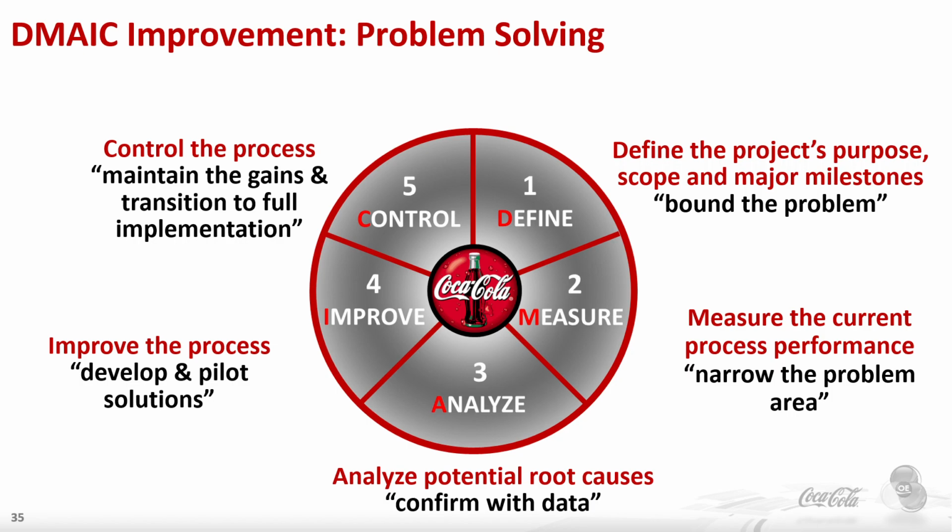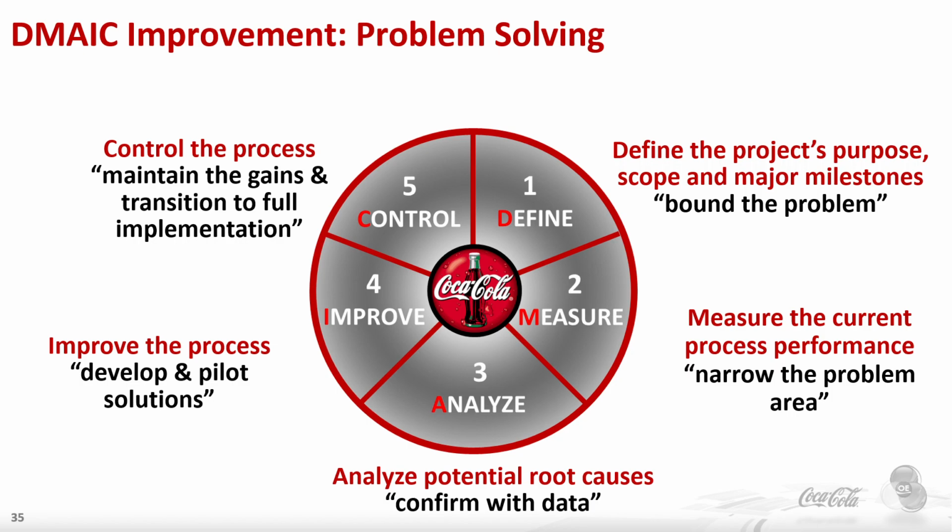Define defines the project's purpose, its scope, and major milestones in that project. So basically it bounds the problem within certain limits or in certain boundaries. This is the define phase.